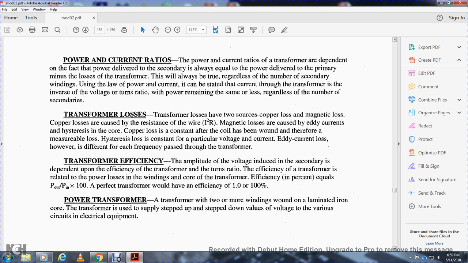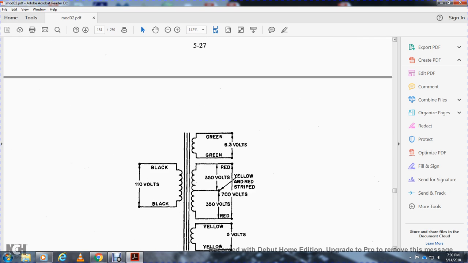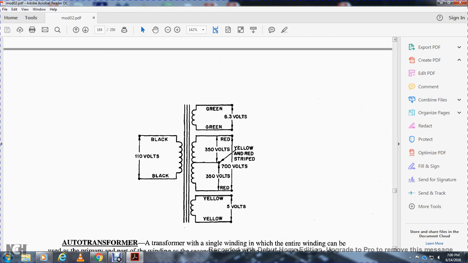Power transformer: a transformer with two or more windings wound on a laminated iron core, used to supply stepped up and stepped down voltages for the various circuits of electrical equipment. Alright, black to black, this is an iron core. Green to green, 63 volts as a smaller. Your center voltage would be 700 volts, between the center windings of 350 volts, and your yellow 5 volts.